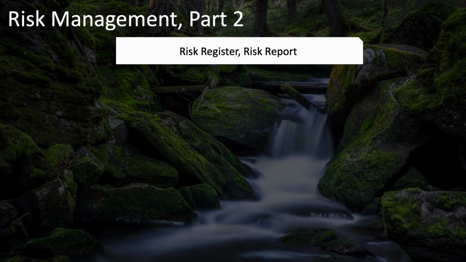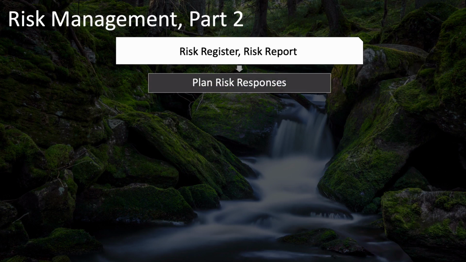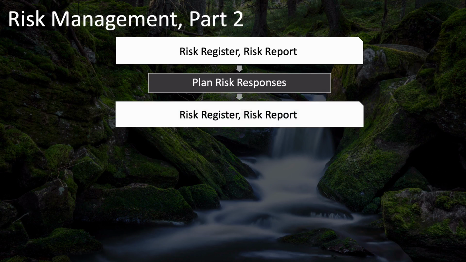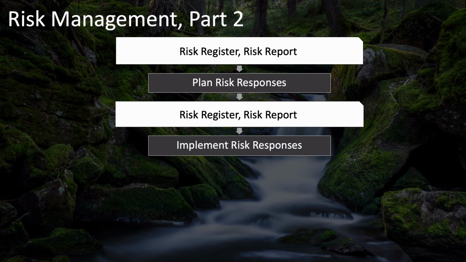With this information in your risk register and risk report, you're now ready to plan risk responses, where you come up with specific proactive measures that you can take, different strategies that you can follow for individual risks, and assign risk owners. This information is then added to your risk register and risk report. These are then inputs to the process of implement risk responses.